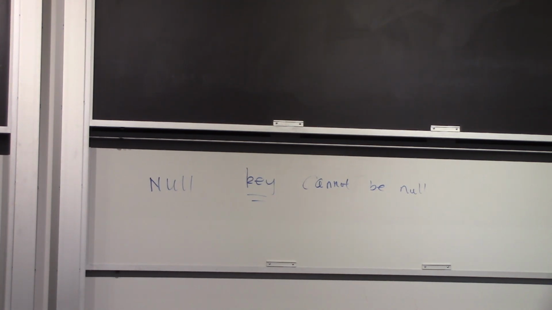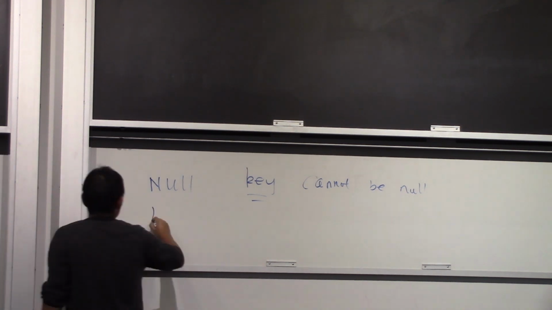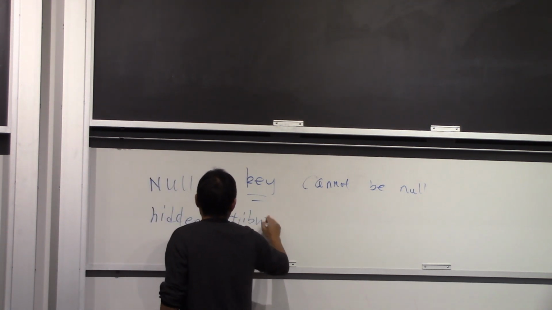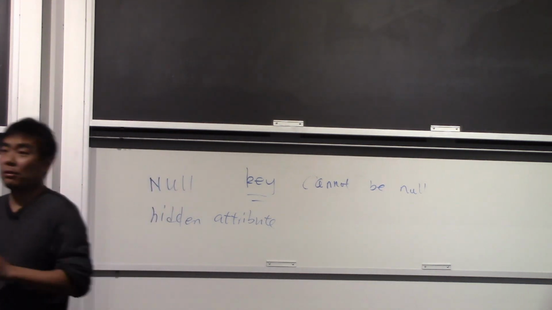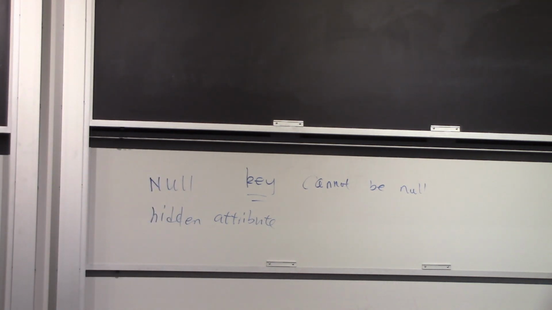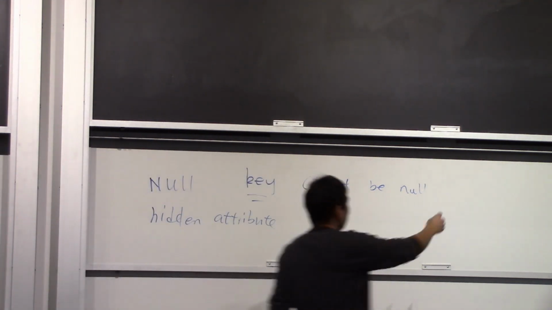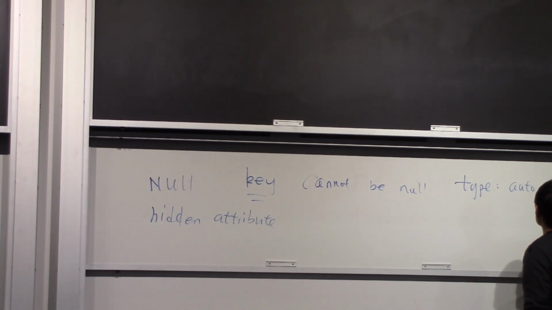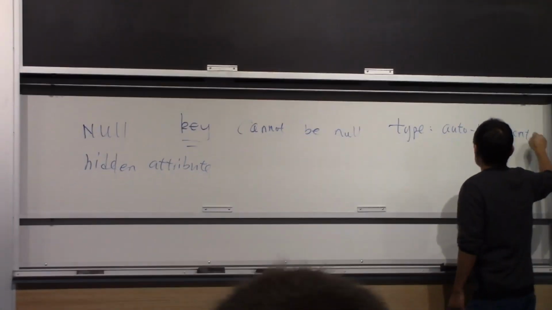Okay? In some database systems, what happens is you never specify a key for your schema. In those cases, the database system will automatically introduce a hidden attribute, and that's typically called the ID of the record that has auto increment data type. There's a data type called auto increment.